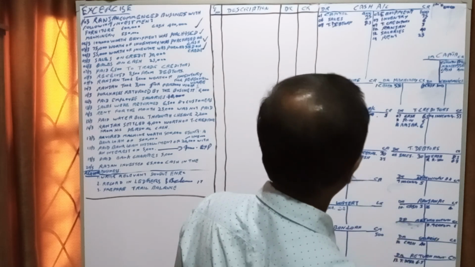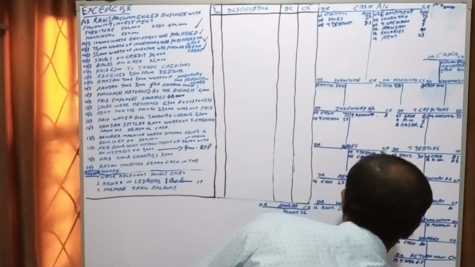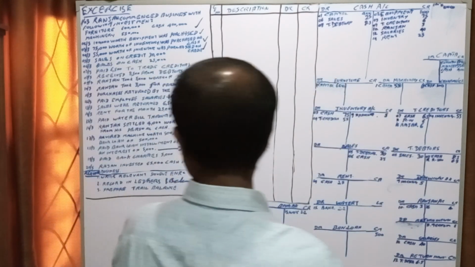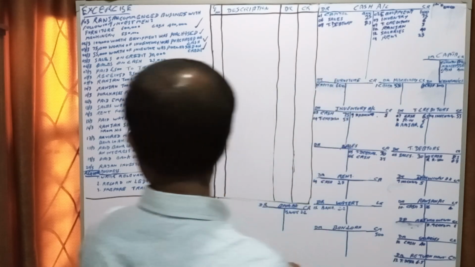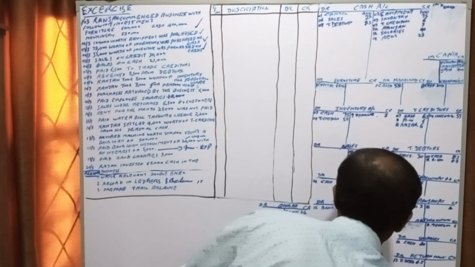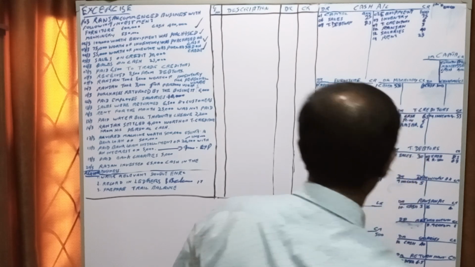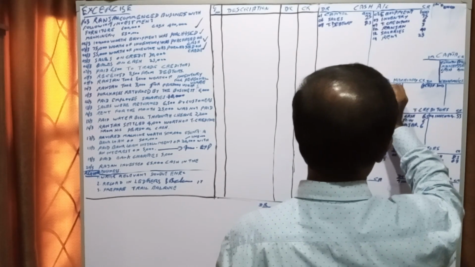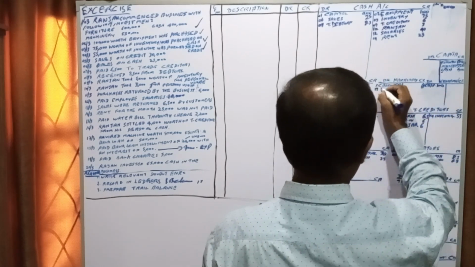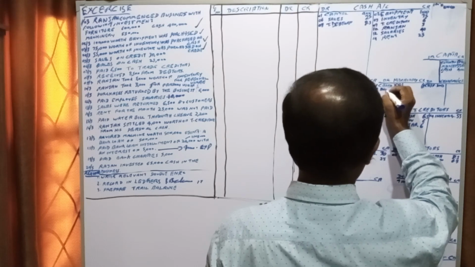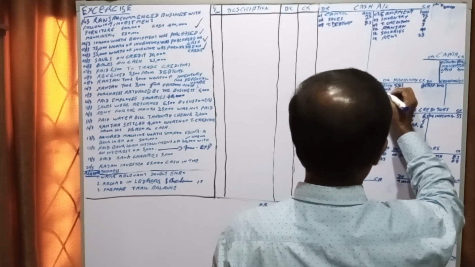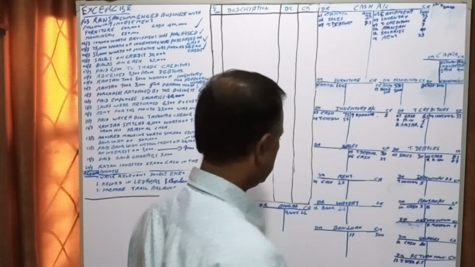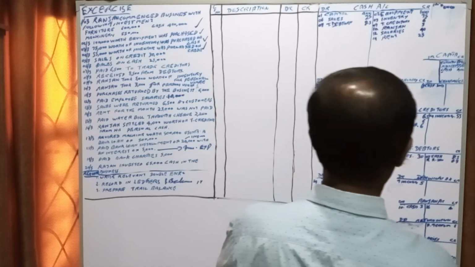And machinery account. It took place on 17th, right? The machinery account will be debited on 17th. Machinery account, bank loan, 500,000. Okay, 17th. Here we will say machinery.